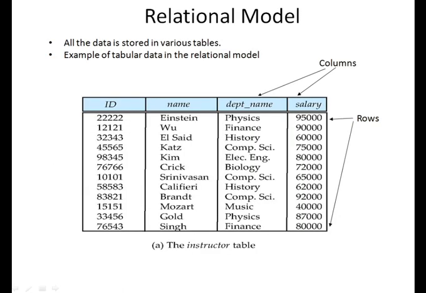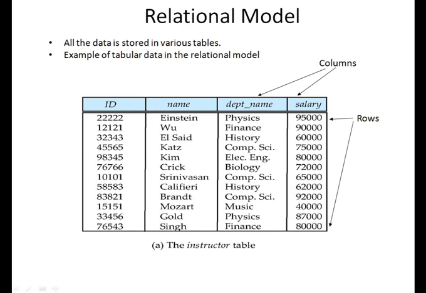So this is your relational model. As we discussed, all the data is stored in various tables. For example, as shown in the figure, suppose instructor is one table. We also call instructor one schema. Schema means structure.